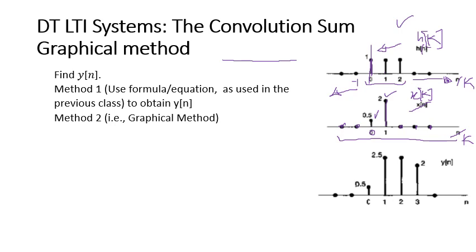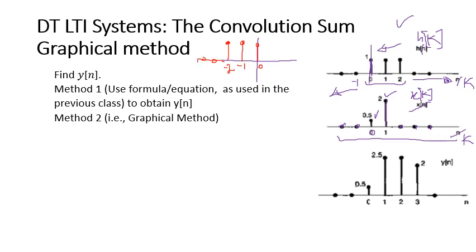So let me plot. This is the original, this is your origin. Let's take red color. This is the sample at 0, and the sample at 1 will be placed here, that is now at -1, and similarly the sample at 2 will be at position -2, and all other values will be 0, right?